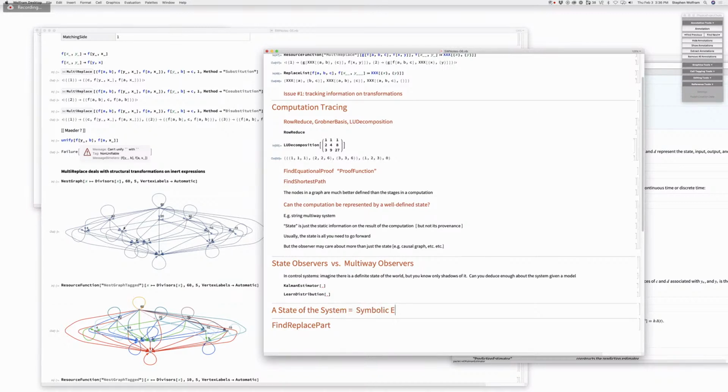That's what we're saying is going on. You could say, oh, it's real numbers, it's a function, whatever else, but we're saying the state of the system is a symbolic expression. What we do not have a representation of is the lineage of that symbolic expression. That's the thing that we need in the case of a proof, same thing we need in these paths and so on. How do we represent the lineage of a symbolic expression?